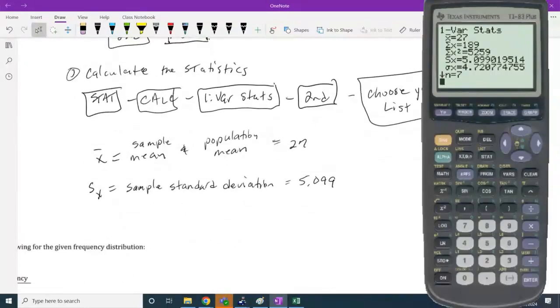So if you're ever asked for the sample standard deviation, that is S of X. The next piece of output, this funny looking circle that is read as sigma.